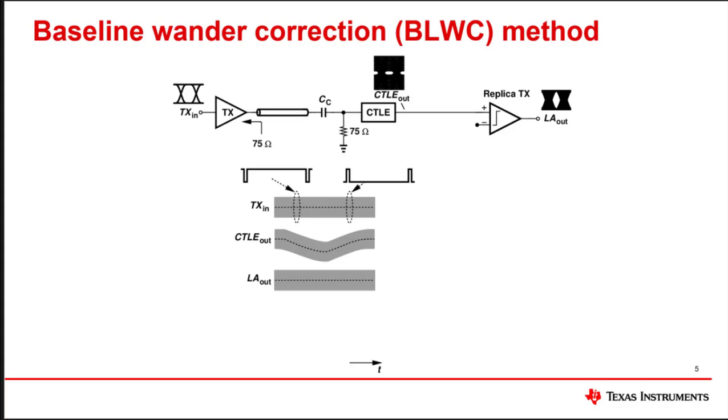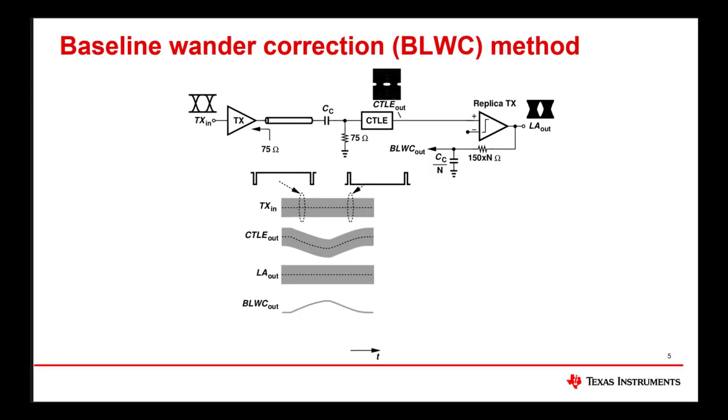However, this replica is not perfect because the baseline wander has caused a large amount of jitter. If this replica TX output is filtered with a low-pass filter with the same cutoff frequency as the input AC coupling capacitor CC, then we can recover the low-frequency content in the data.